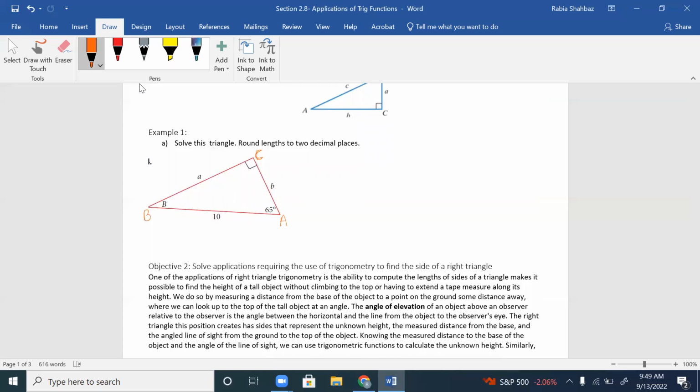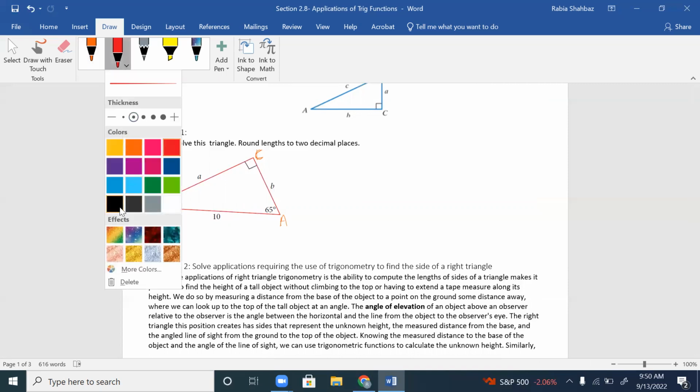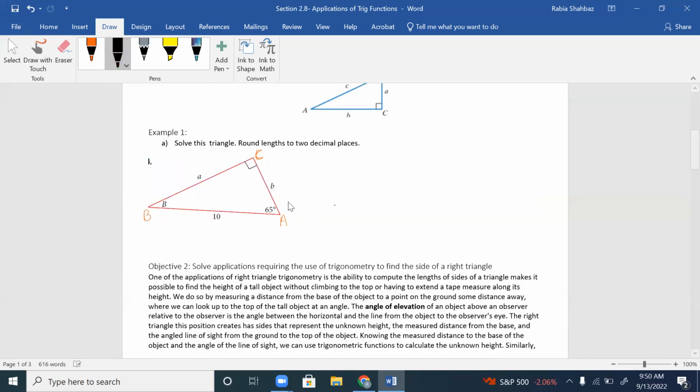So let's go ahead and find the angle B first. If you know two angles in any triangle, basically you can find the third angle because we know that all three angles in a triangle add up to 180 degrees. And when you have a right triangle, I even go one step shorter and say that if one angle is a right angle, the other two must add up to 90 as well.